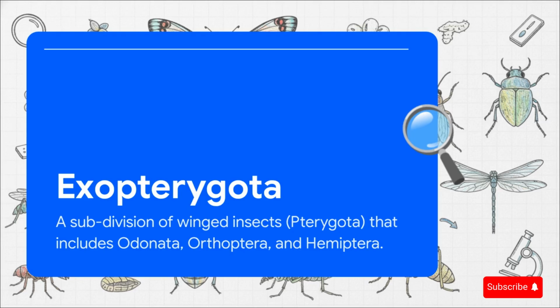Exopterygota refers to winged insects whose wings develop on the outside of their bodies as tiny little wing pads. As they transition from juveniles, which we call nymphs, to adults, they go through what's known as incomplete metamorphosis. That just means they molt and get slightly bigger each time, skipping that whole cocoon or pupal stage entirely.